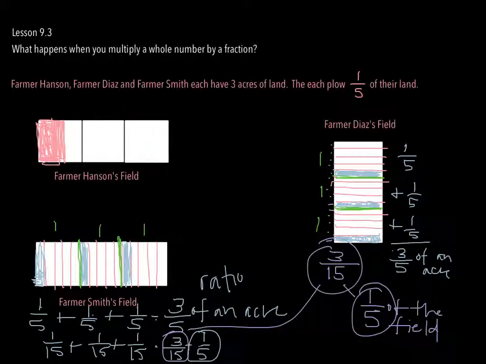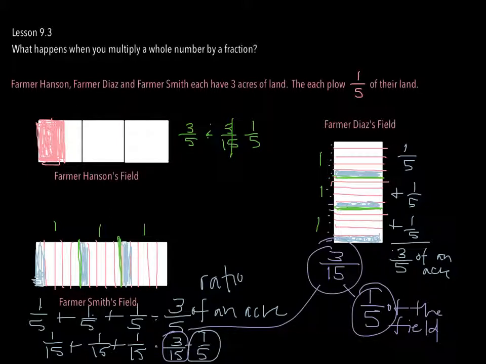So when we look at this, 5th graders, we see that Farmer Hansen, if we were a little bit more careful with our drawing, we would see that he also plowed 3/5 of an acre and 3/15, that is 1/5, of his total acreage.